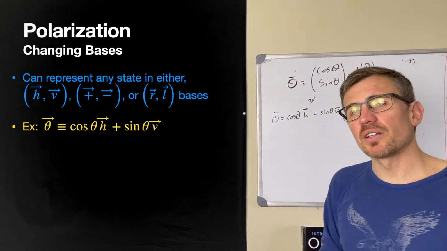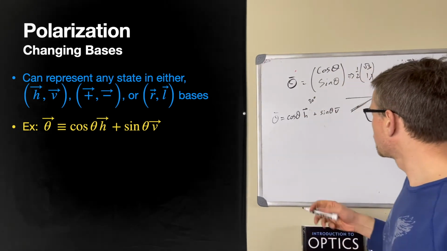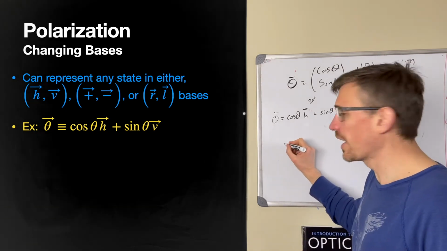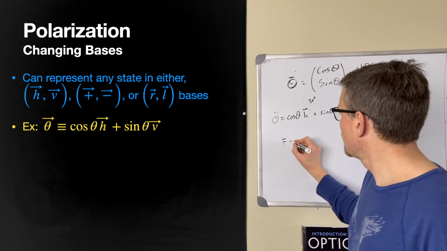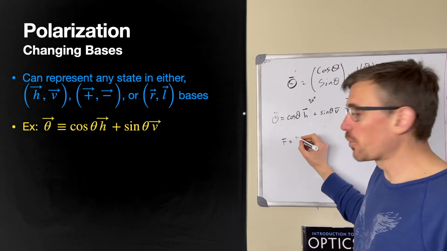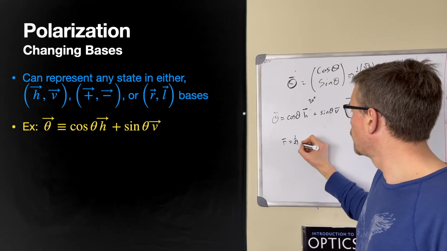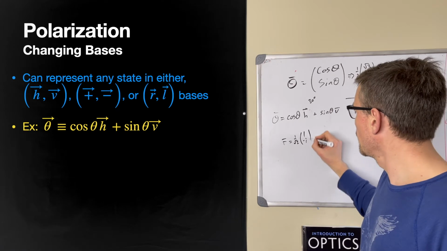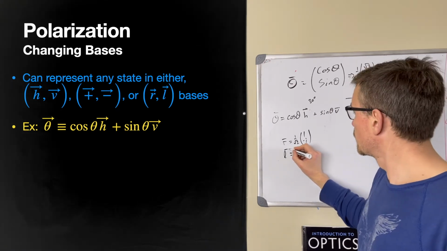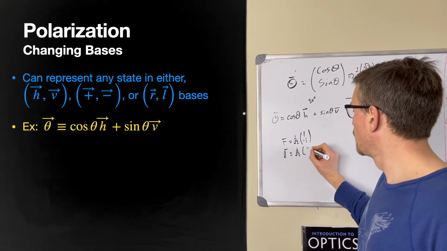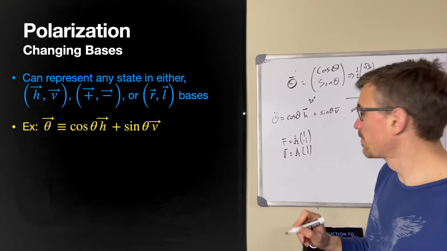Let's actually write this in the right-left circular polarized basis. So notice, what is right? Right is equal to, remember what it was? It was 1 over root 2 times (1, minus i), and left was equal to 1 over root 2 times (1, plus i).